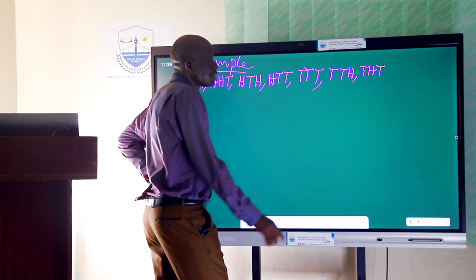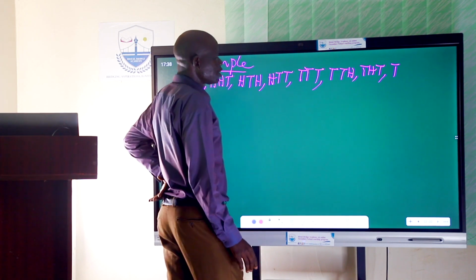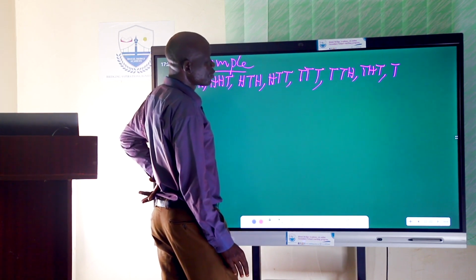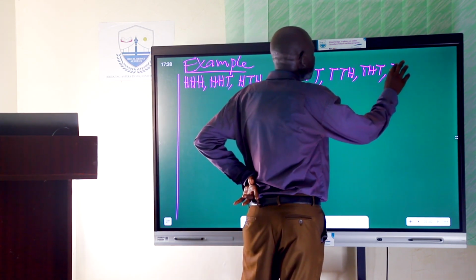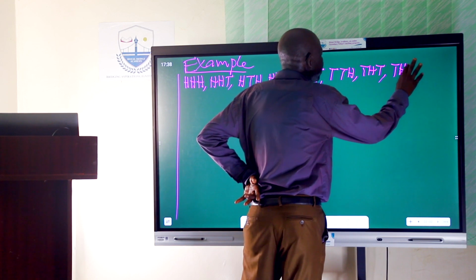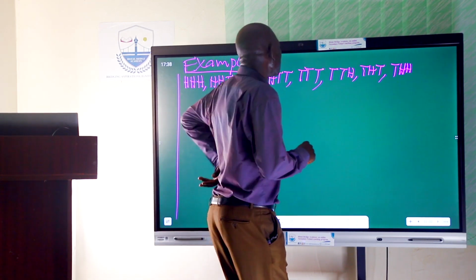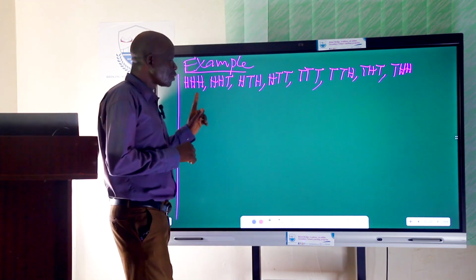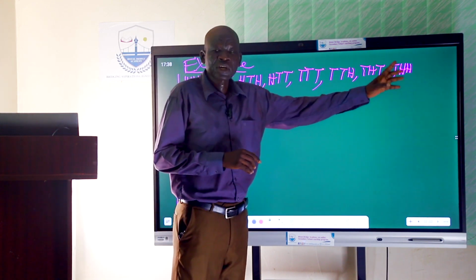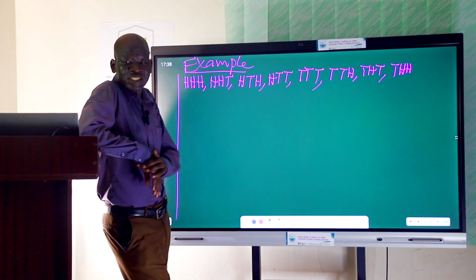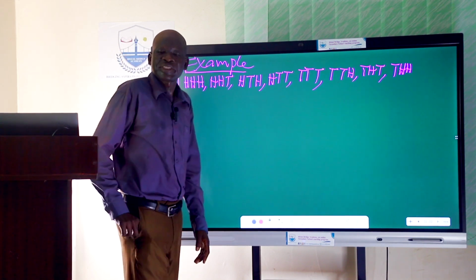If not, it can be tail, head, head. So we can say that when we count 1, 2, 3, 4, 5, 6, 7, 8, we have exhausted all the chances which can occur when a coin is tossed 3 times.